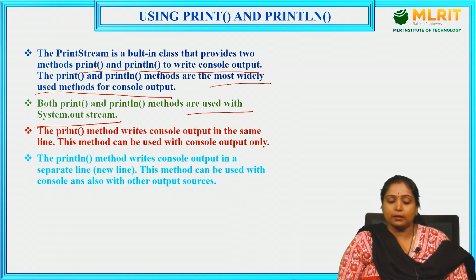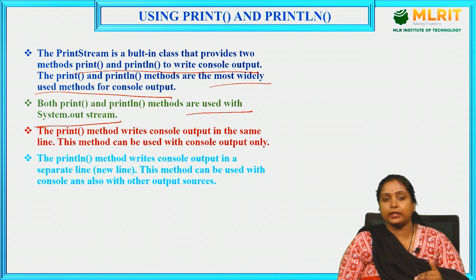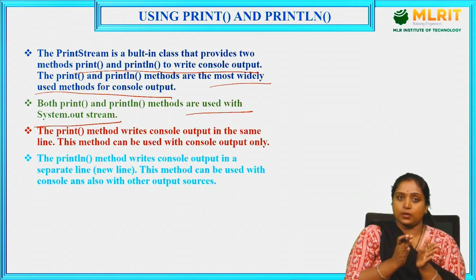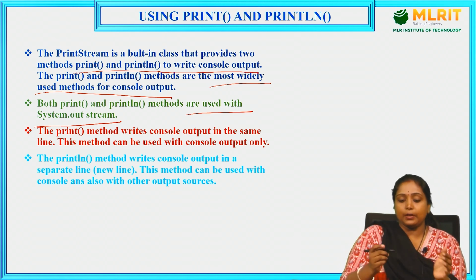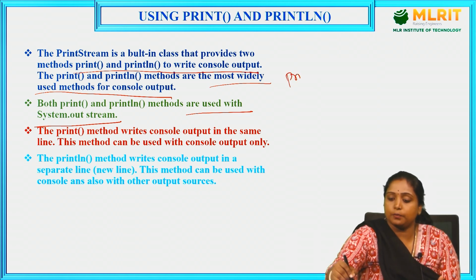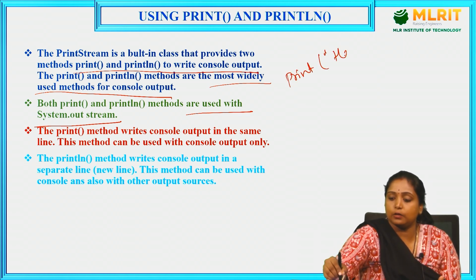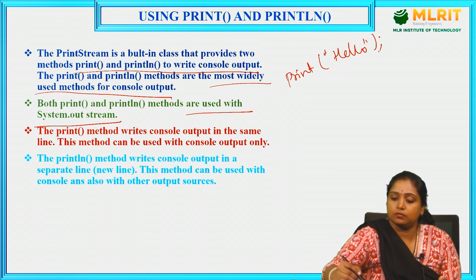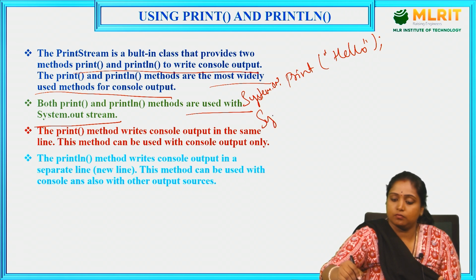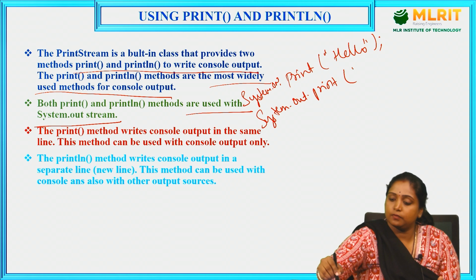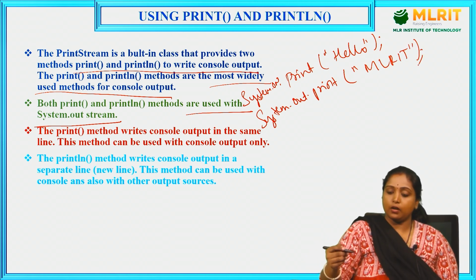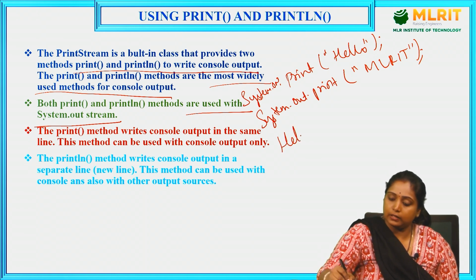What is the difference between print and println? Whenever you write the print method, for example, if I write two statements, System.out.print("hello") and, in the same way, System.out.print("MLRIT"), whenever you execute it, you will get "hello MLRIT".